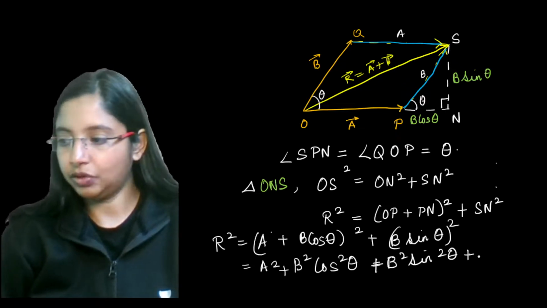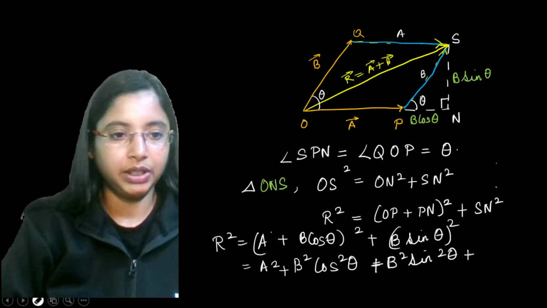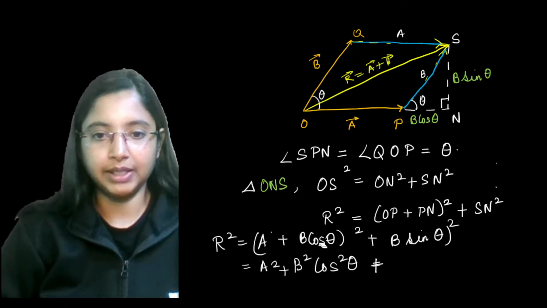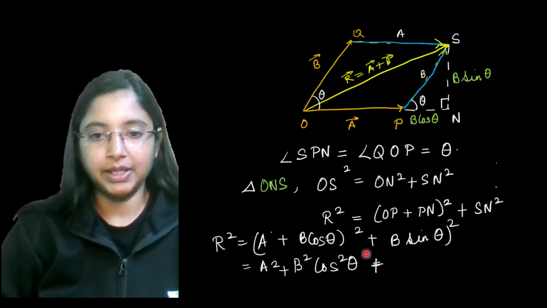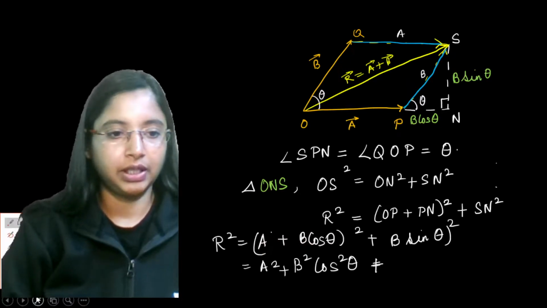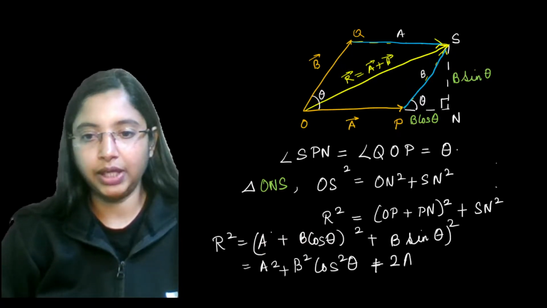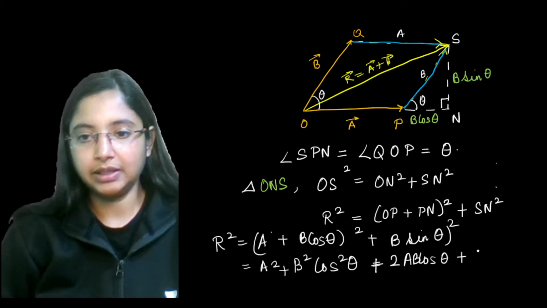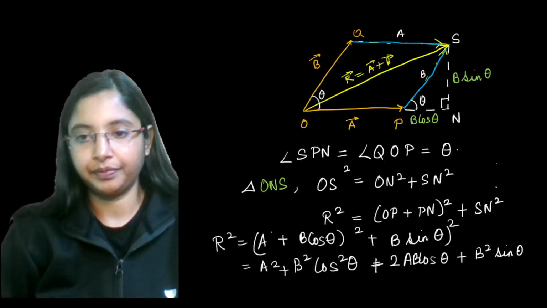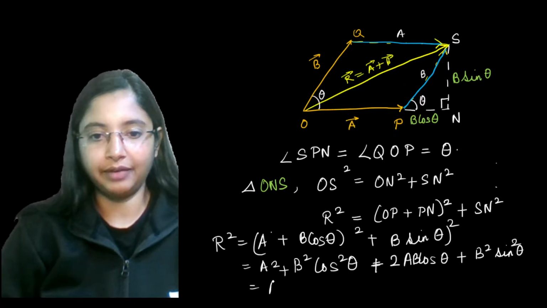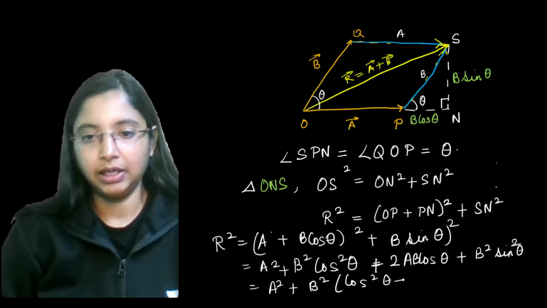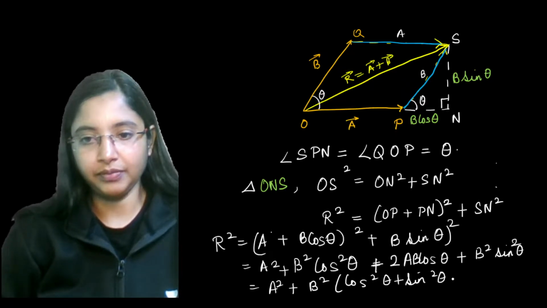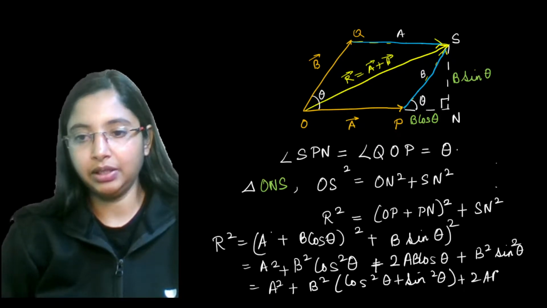And there will also be a term I missed: we have A square plus B square plus 2AB, since this is of the form A plus B. So we know A square, this quantity square, and this quantity plus twice the product, 2 into A into B cos theta, plus B square sin square theta. Again we have A square, and taking B square common out, I'll have cos square theta plus sin square theta, plus 2AB cos theta.